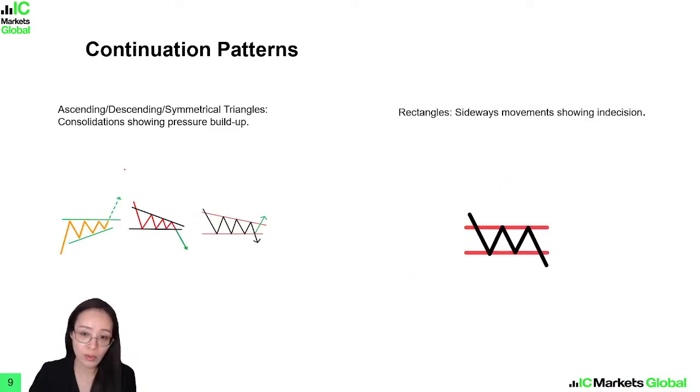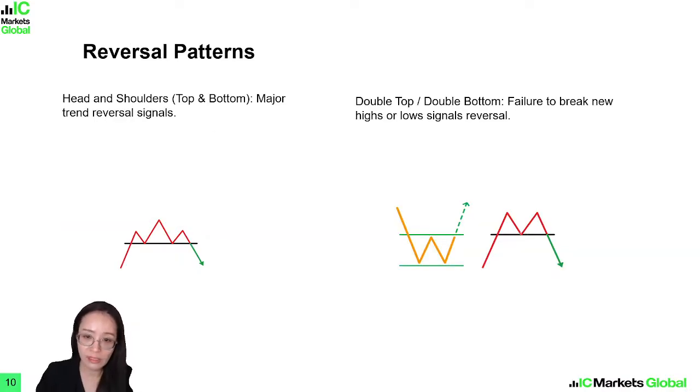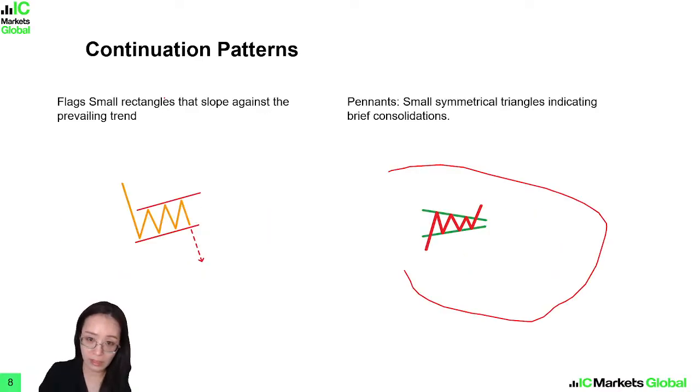But whenever you see an ascending, descending, or similar triangle, it could be a reversal pattern or it could be a continuation pattern as well. And the rectangle actually is sideways. So this is sideways.